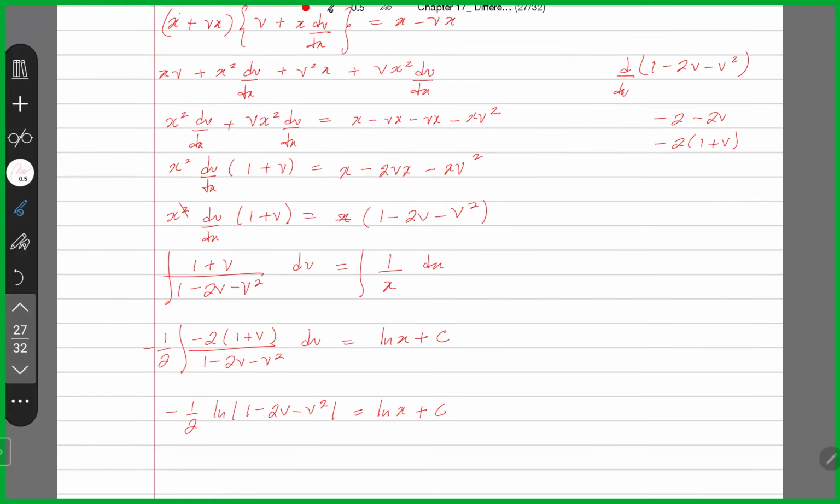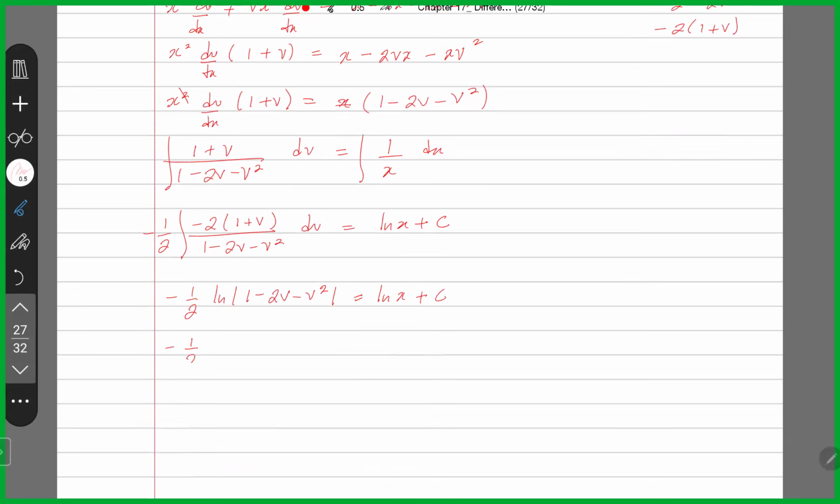So we have minus 1 over 2 ln (1 minus 2y over x minus y squared over x squared), and this is equal to ln x plus c.